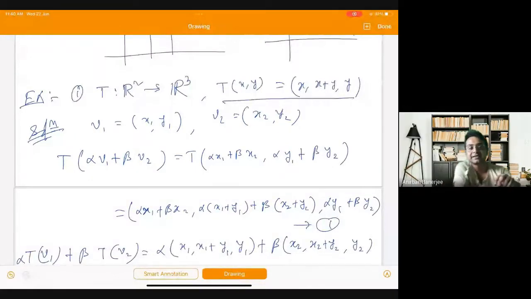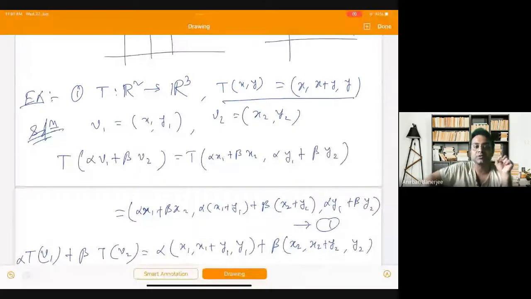So it's a linear transformation from R2, a plane, to a 3D space, right? A vector is usually represented in terms of a coordinate system. So a point in R2, in a plane, will be transformed to a point in a 3D space. So these two are different spaces, right? One is R2, some plane, another is R3, a 3D space.